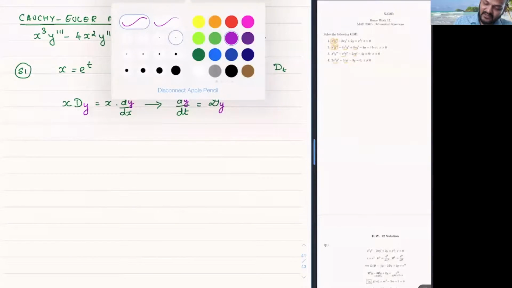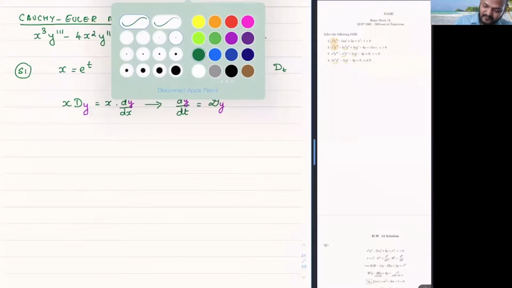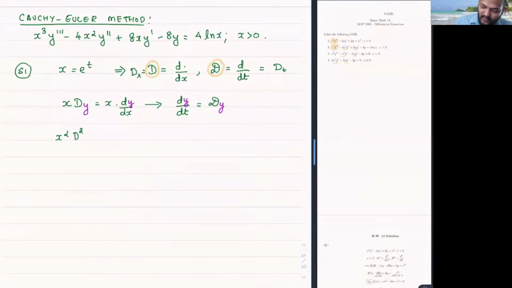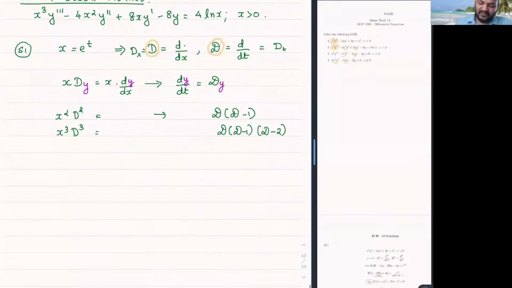Similarly, x squared d squared turns into script d operated on script d minus 1, and x cubed d cubed turns into script d of d minus 1 of d minus 2. And that's what I'm going to use to transform, and then we will see how this differential equation transforms in terms of t.